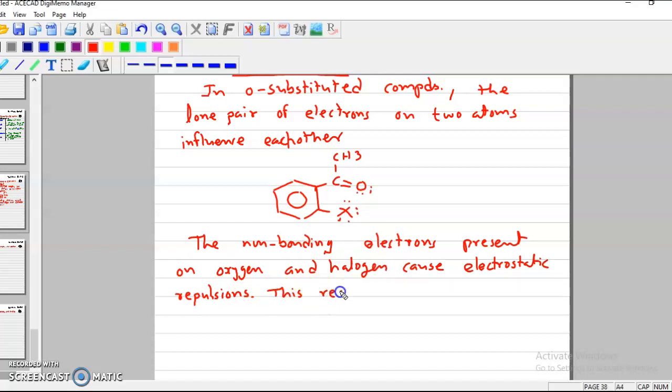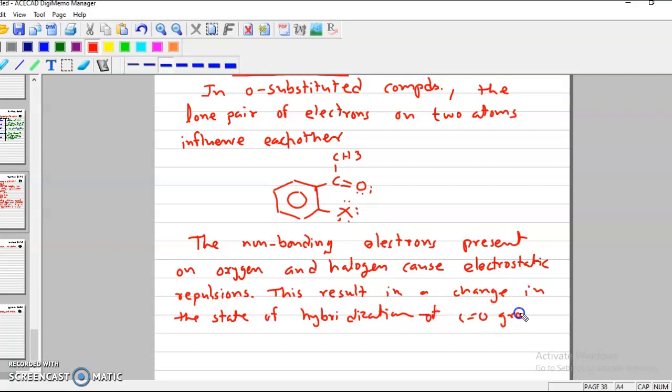And this results in a change in the state of hybridization of the C double bond O group, the carbonyl group.